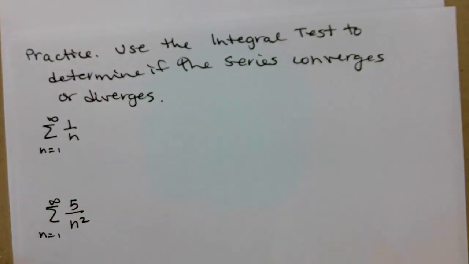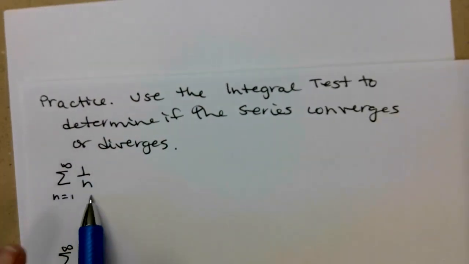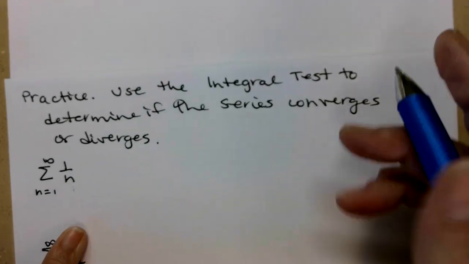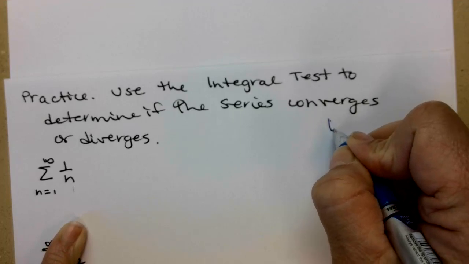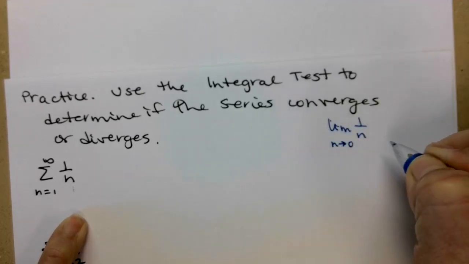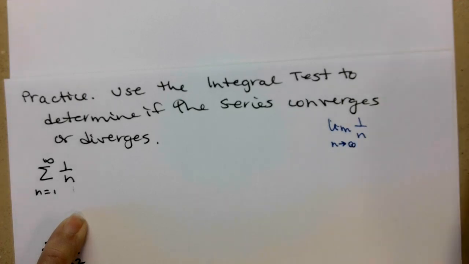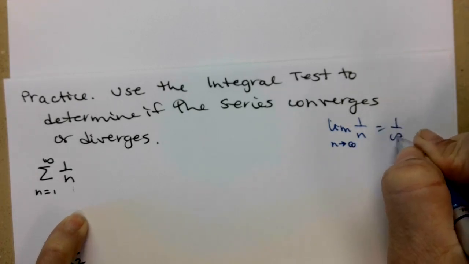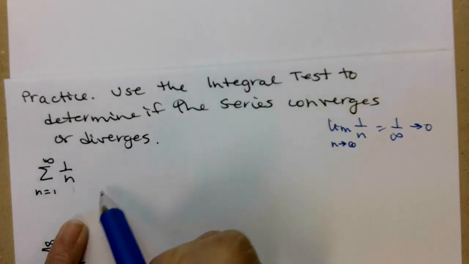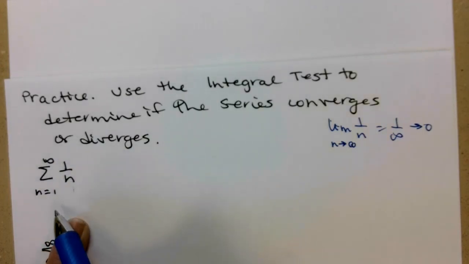So nth term, does it go to 0 as n gets big? A little divergence test here on the slide. We're going to take the limit of 1 over n as n goes to infinity. So I get 1 over infinity, that's 0. So my nth term goes to 0. But does this series converge?